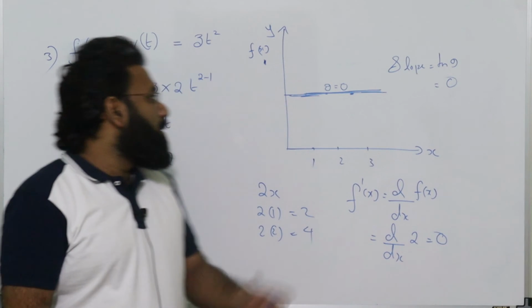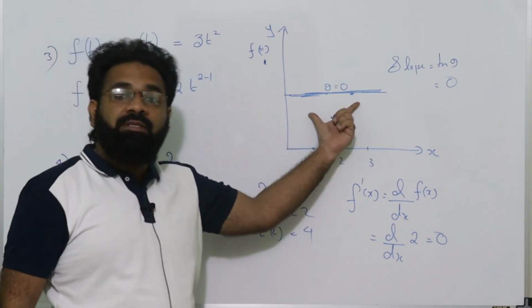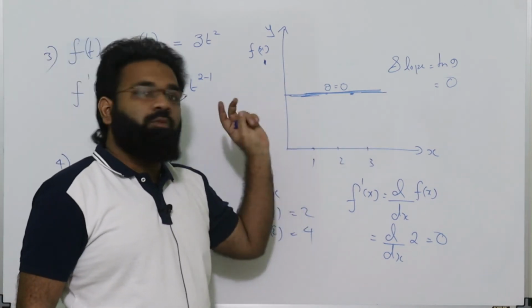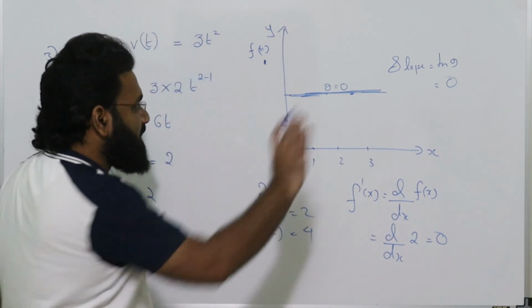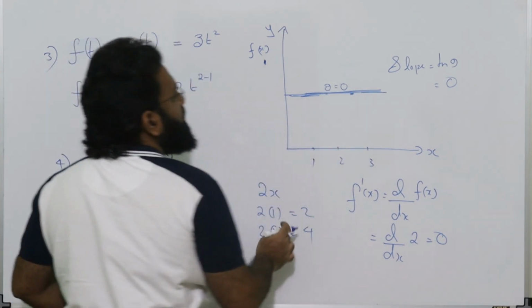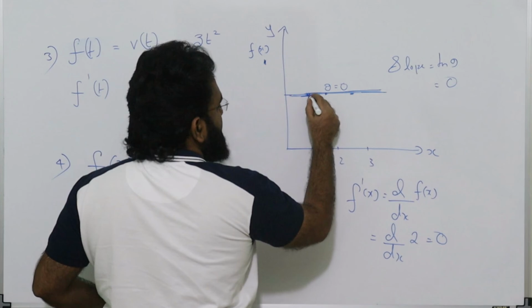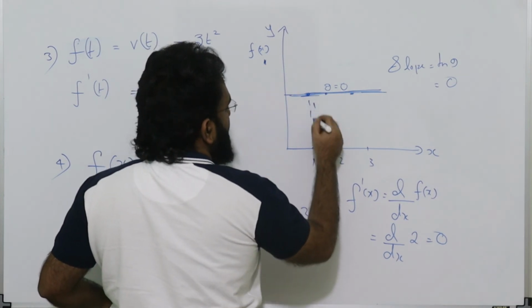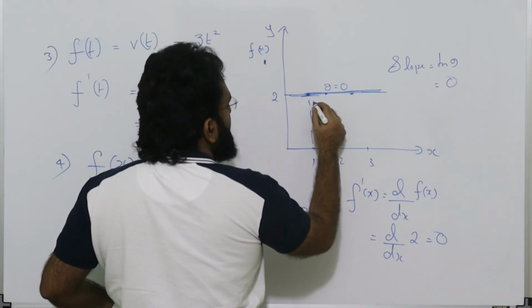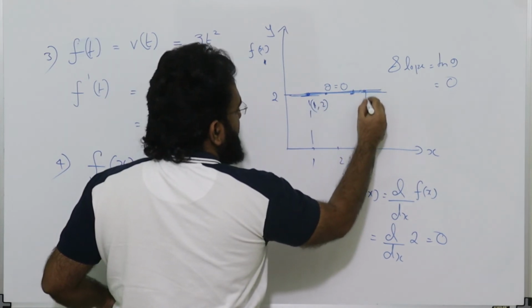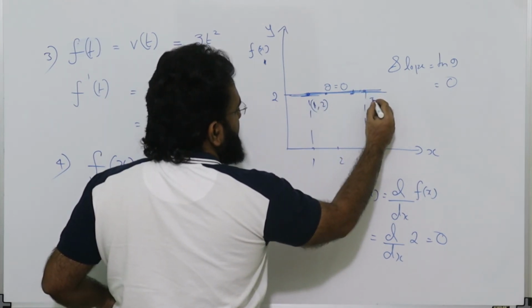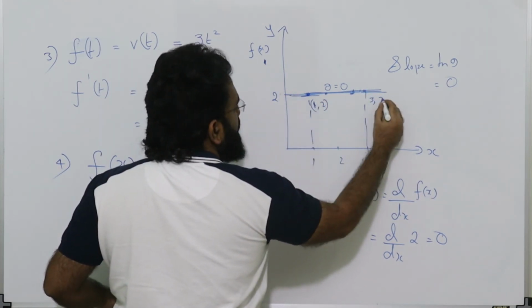Why is this 0? Graphically we have seen the slope is 0 here. Here y2 minus y1 is equal to 0. At this point, what is x? 1. What is y? So 1 comma 2. If we take another point, x here is 3, and y is again 2.